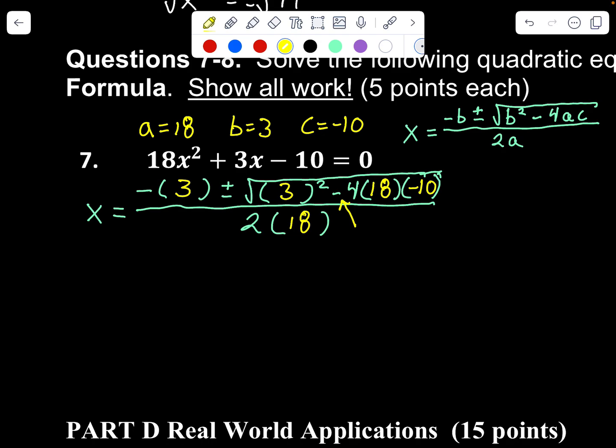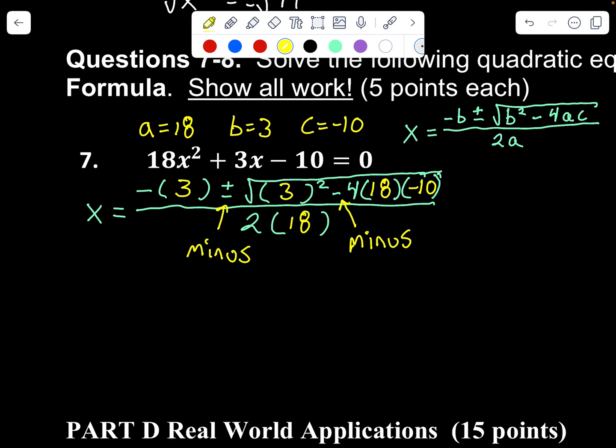This minus right here, that's a minus. And this right here, it says plus minus, that's a minus as well. Those are the only two minus signs that you have in this formula. Anything else, that lead negative there, that's a negative. Anything inside parentheses, those are all negatives.